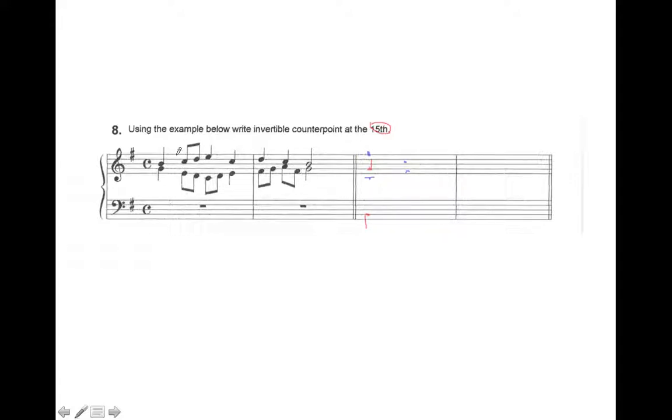Other thing you could do is you could take that upper voice and move it up 2 octaves, but then you're writing up here and the ledger line's way up here, so that's not practical for the assignment, but you could in essence do that. But here's the thing, you had to switch relative positions. So if you just simply take this lower voice and move it down 2 octaves, that doesn't work because it's still the lower voice. The lower voice has to become the upper voice. The upper voice has to become the lower voice in order for it to be invertible counterpoint.